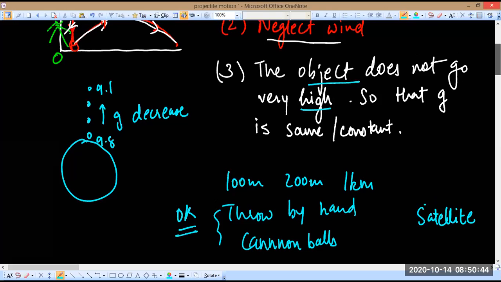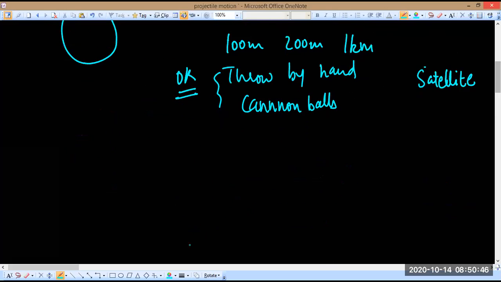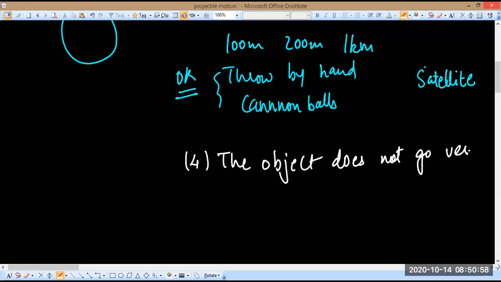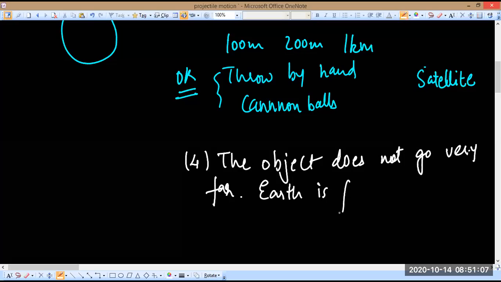Now the fourth assumption. The object does not go very far. That is, we can consider that Earth is nearly flat.